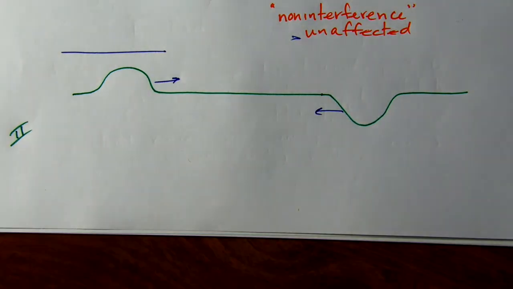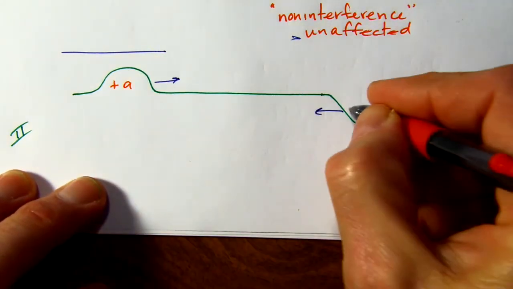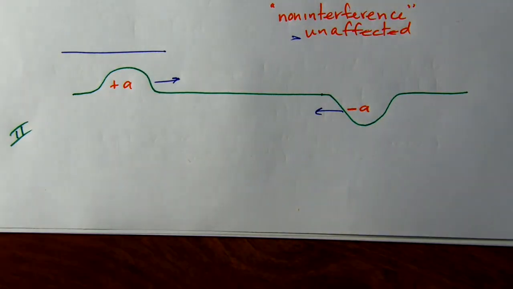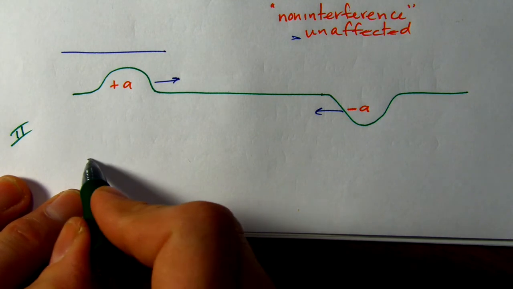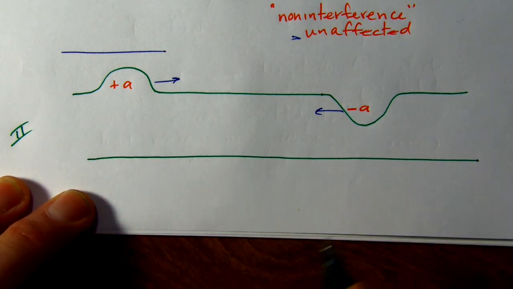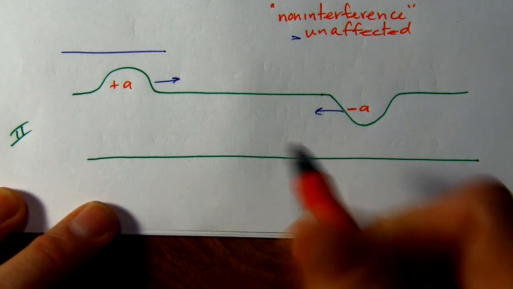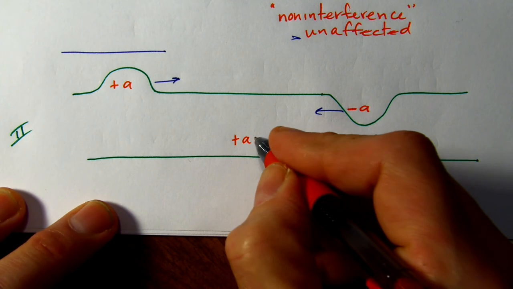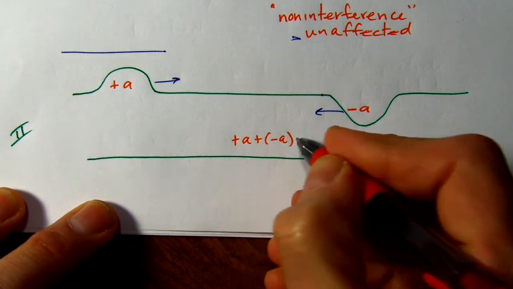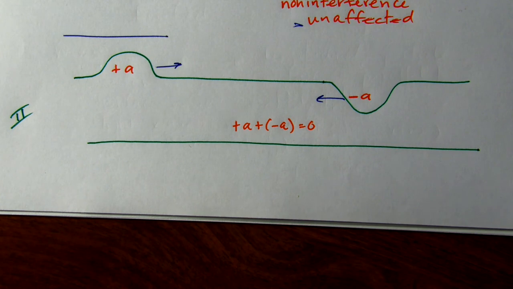And they come towards each other, and we could call one a plus A, and we could call this a minus A. When they interfere or are superimposed, then the combination of them actually is here, and there's nothingness there. Right? Well, this is positive A plus the negative A. That equals 0. So there's no displacement of that medium.